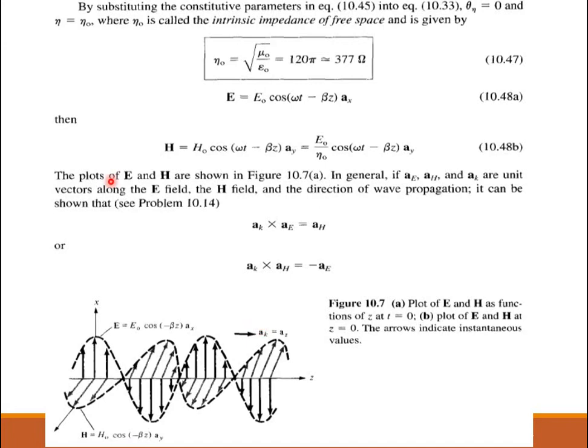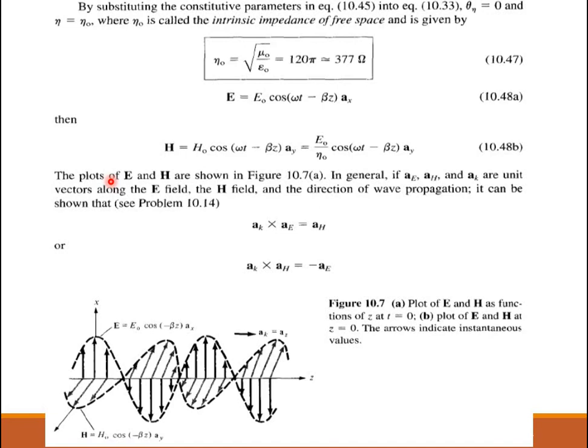So what do you understand from this? Both E and H fields, at every point, are normal to the direction of propagation, AK. That means the fields lie in a plane that is transverse or orthogonal to the direction of wave propagation.